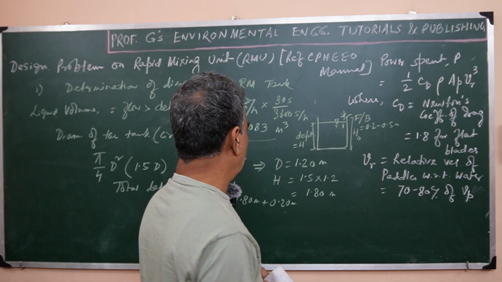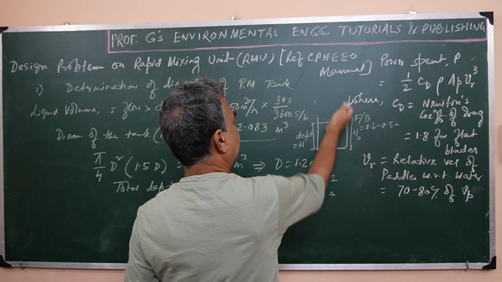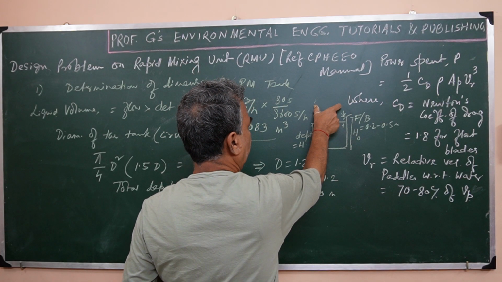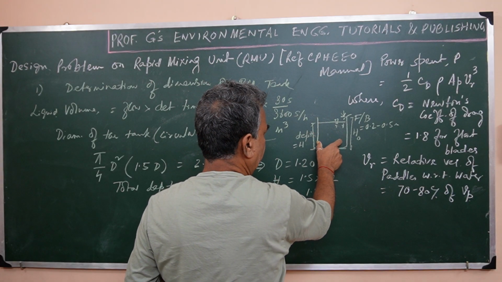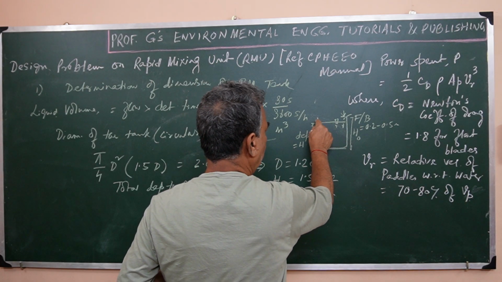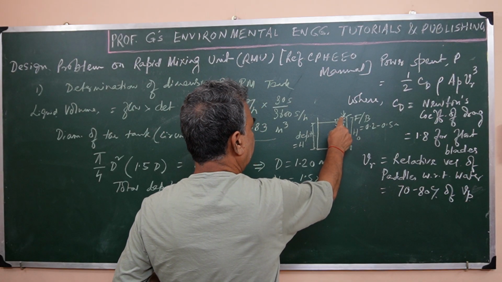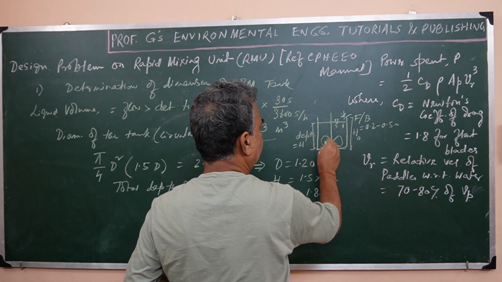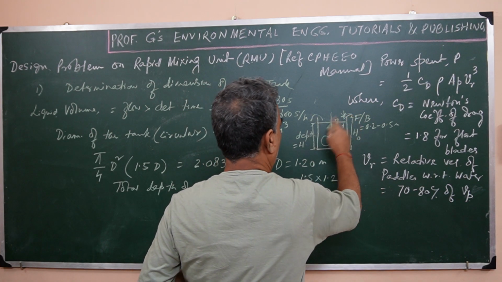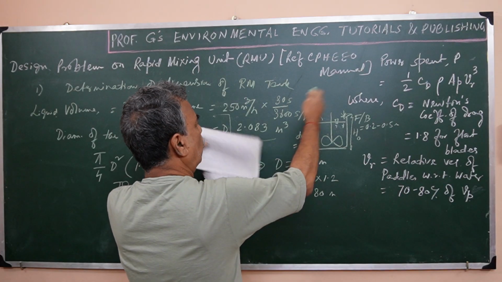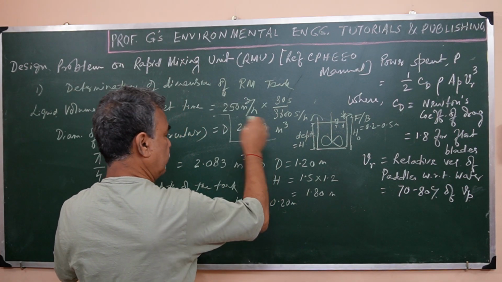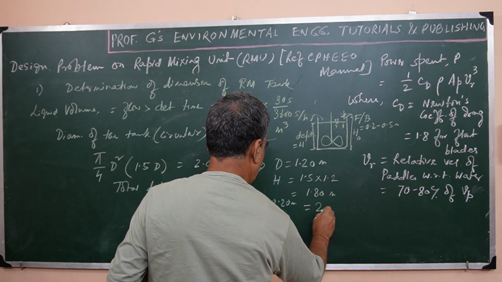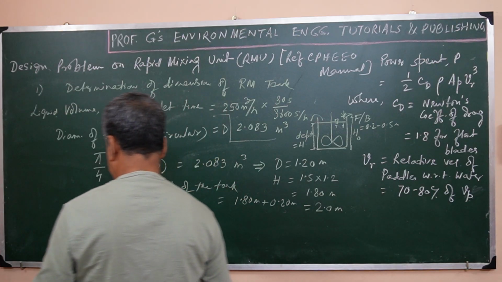Unnecessarily larger value will make the tank height more, which will be uneconomical. At the same time, if it is too short, there is a chance of splashing, and then it may overflow and go over the tank. So that is why the optimum is this. So this would be, say, 2 meter or so.